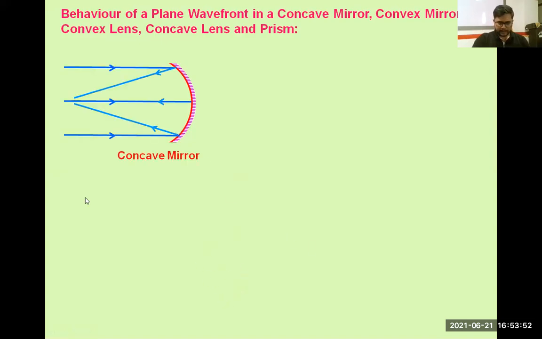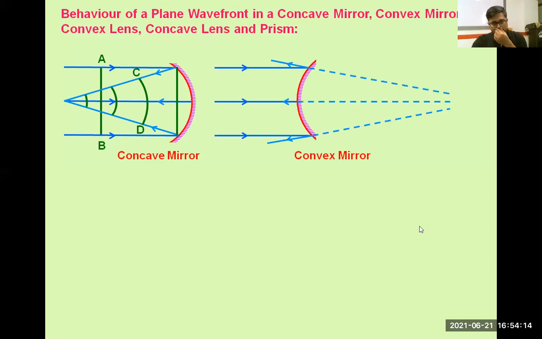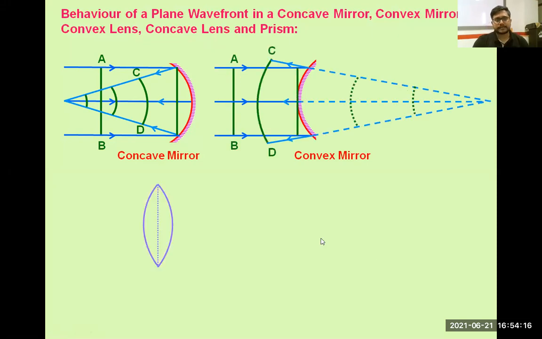So when a ray of light falls on the surface of the concave mirror, we know that the focal length of the concave mirror is negative always. It means they will form an intersection like this. So you can see this is nothing but wavelets and they are forming like part of a sphere. Similarly, for convex mirror also, they are like part of a sphere. They are propagating like this.